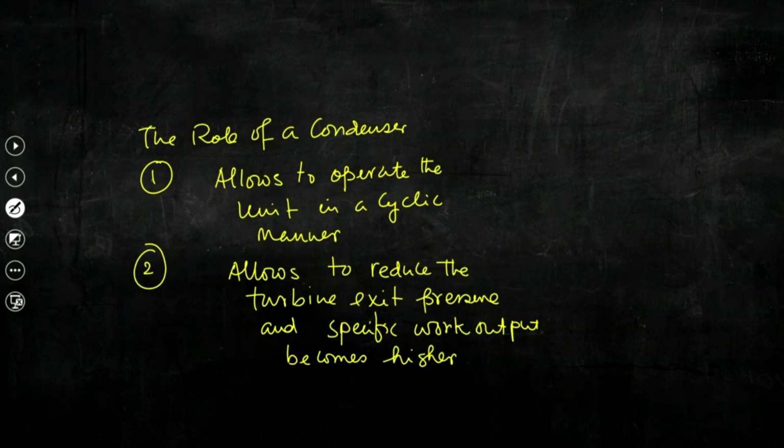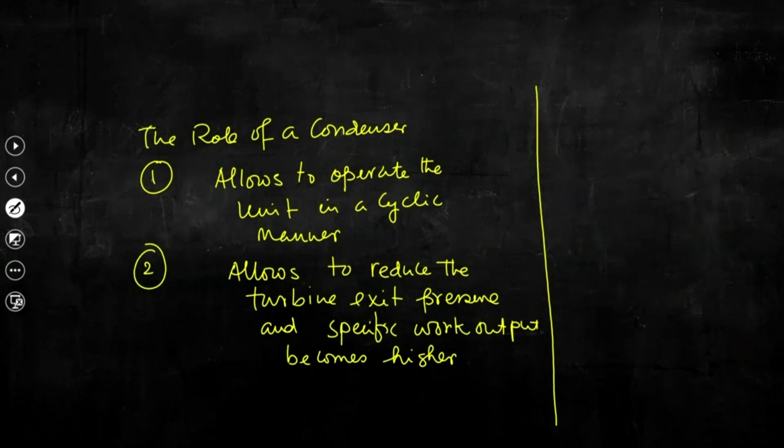So, these two are the major objectives of the condenser. So, it allows the entire unit to operate in a cyclic manner. It also allows us to reduce the turbine back pressure, that is the exit pressure of the turbine, and which in turn allows more specific work output.